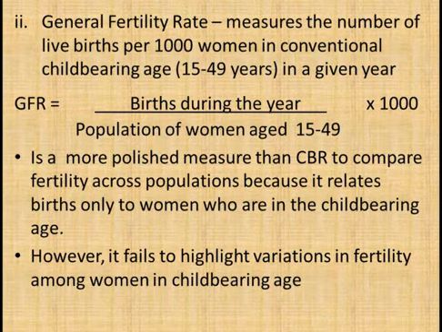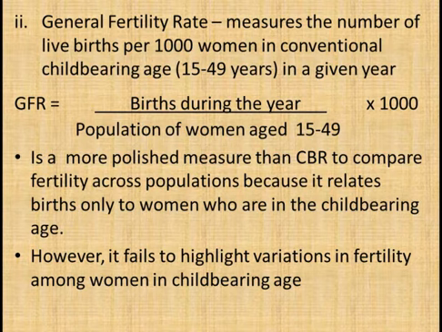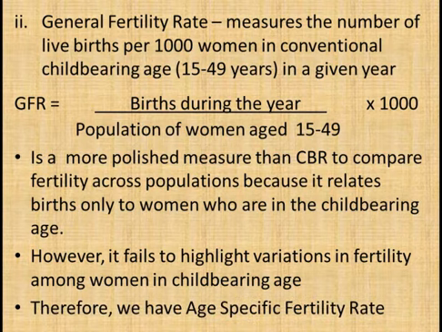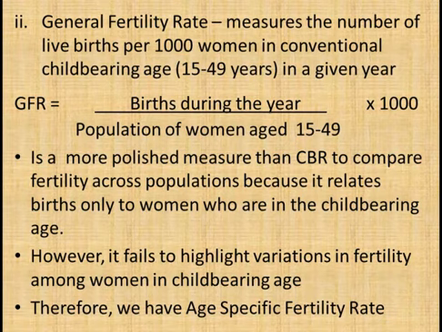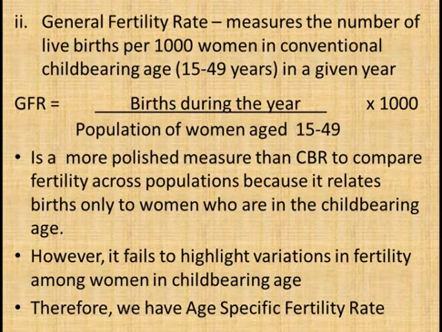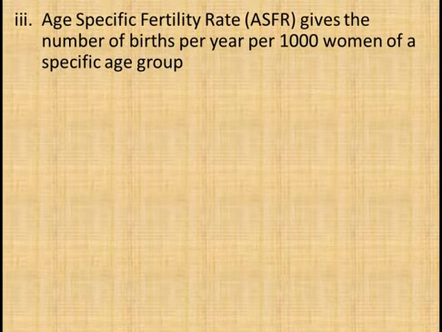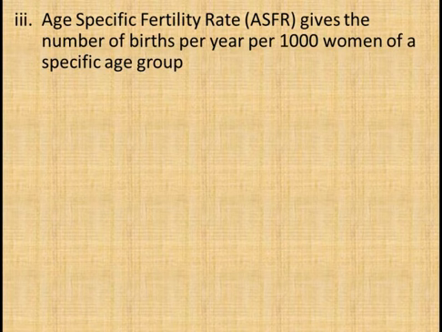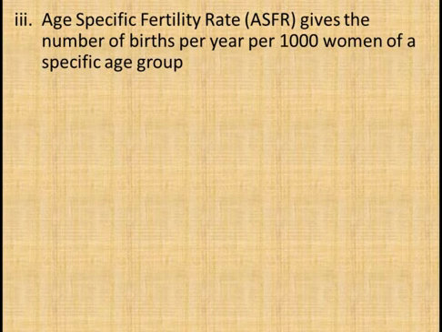We therefore have another measure known as the age-specific fertility rate. This measure overcomes the weakness of the general fertility rate. The age-specific fertility rate gives the number of births per year per 1,000 women of a specific age group.